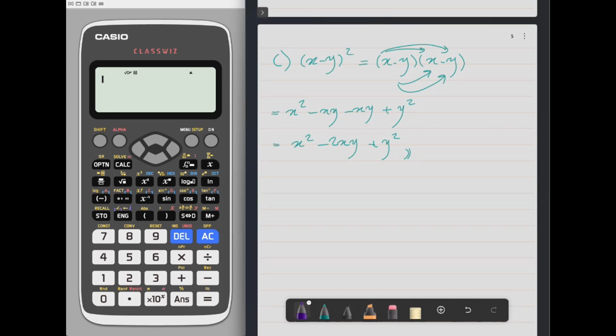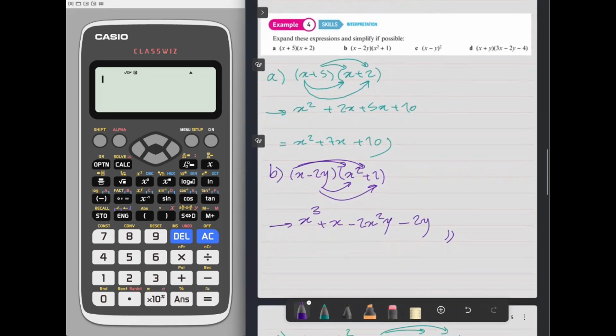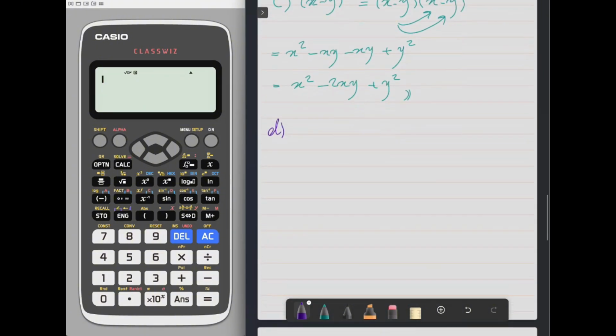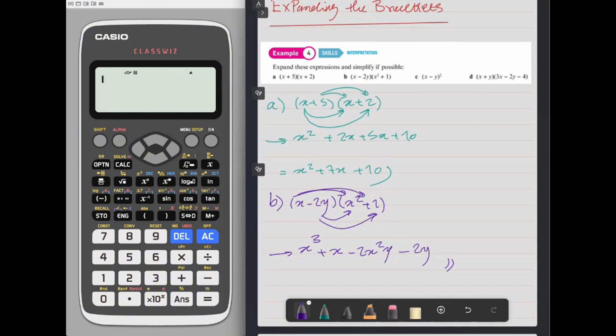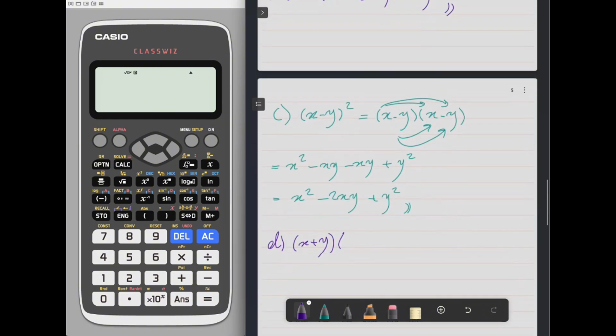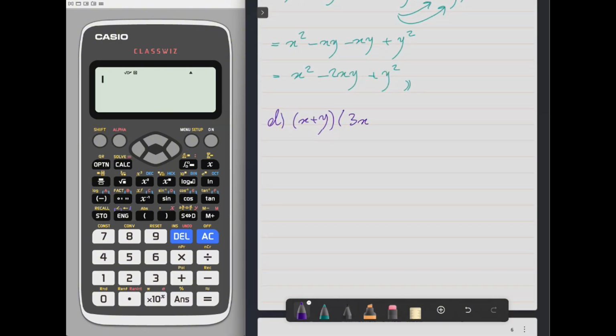As for part D, the last part of the example: x plus y times 3x minus 2y minus 4. I cannot remember it very well, so I just write it part by part. x times 3x, x times minus 2y, x times minus 4. y times 3x, y times minus 2y, and y times minus 4.